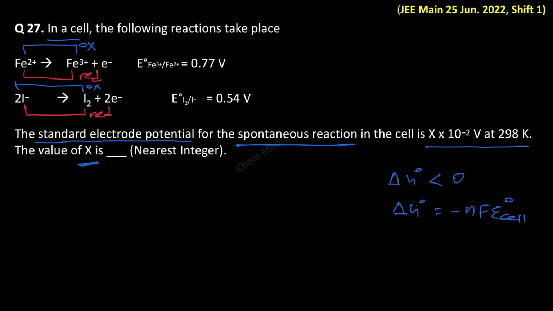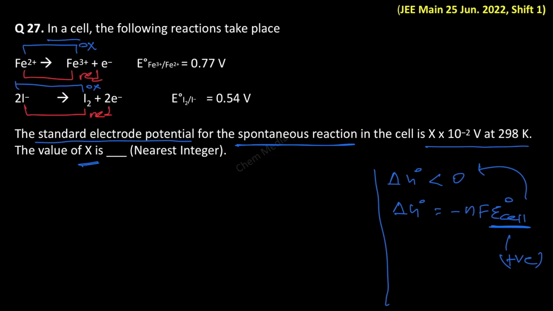So this means the Ecell standard value that we are going to calculate here has to be positive. The question already gave a clue to us, isn't it? So that the delta G standard would be negative. Only if the Ecell standard value is positive, then only the delta G standard would be negative, so that the reaction would be spontaneous.